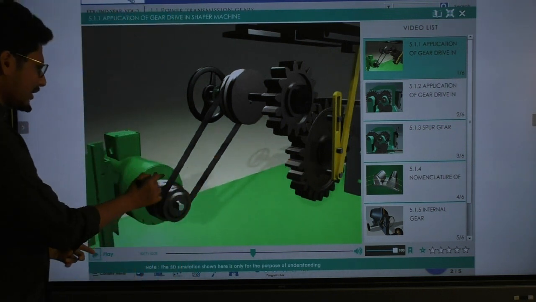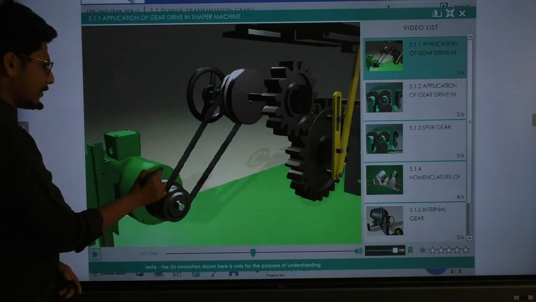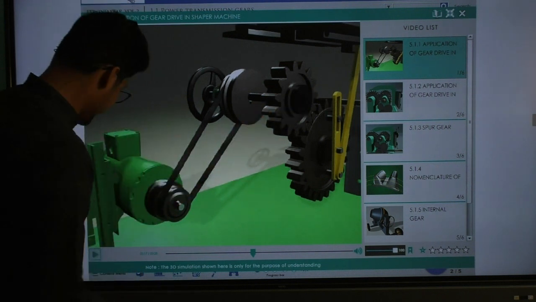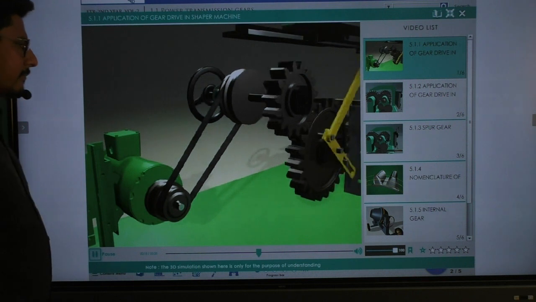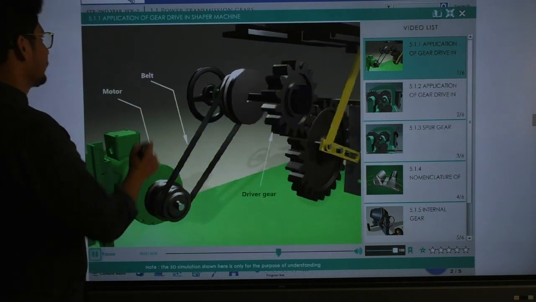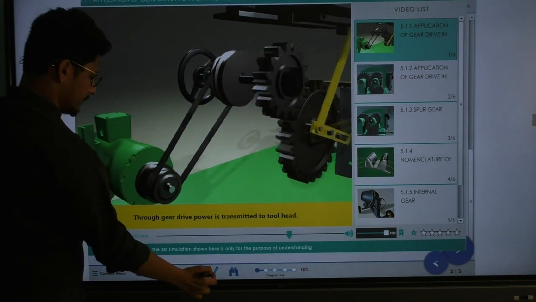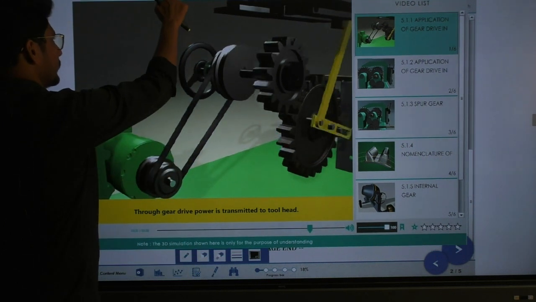Here, this is a motor, and we transmit power from this shaft to these gears. Motor, belt, driver gear, driven gear. Through the gear drive, power is transmitted to the tool head.